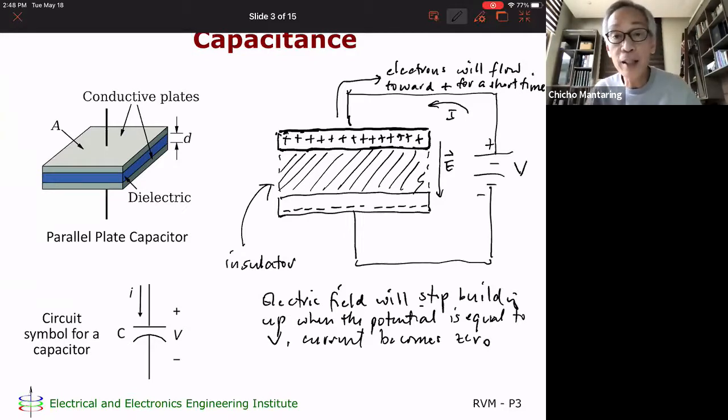So what is the charge that is stored in your capacitor? It is not really charge being stored inside the capacitor, but it is really the displaced charge.